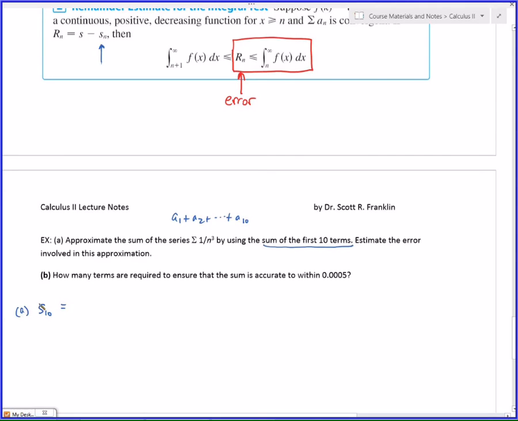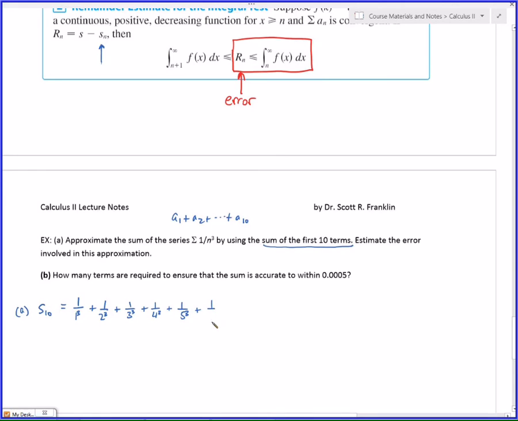This is part A. Now, S sub 10 means, for this series, 1 over 1 cubed plus 1 over 2 cubed plus 1 over 3 cubed, and go ahead and write them all the way out.